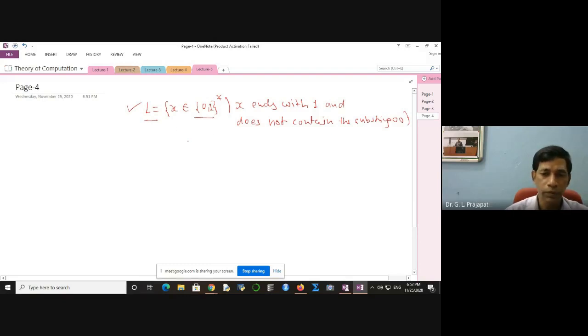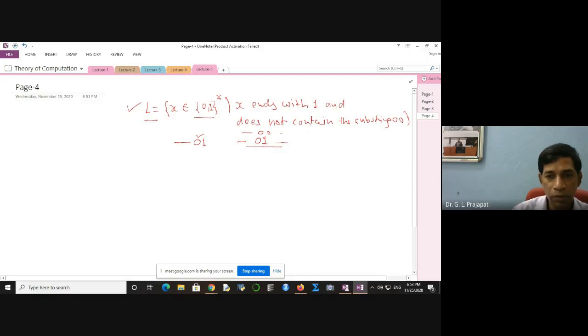So if you have a 0 at the last, then 0 must be followed by 1, because you say that x ends with 1. Or if in between, since you are not having double zero, the substring double zero should not be there. So you may have a long length, and in between, if you have a 0, then you must have a 1. Double zero should not be there anywhere.